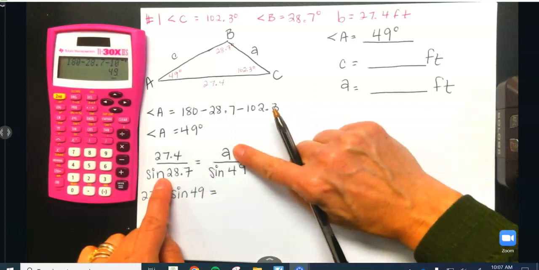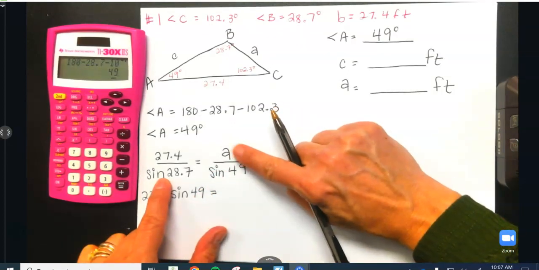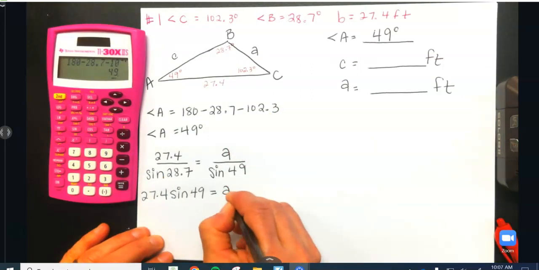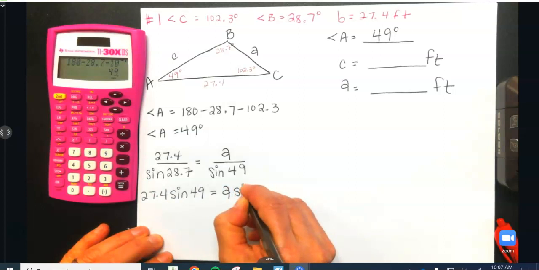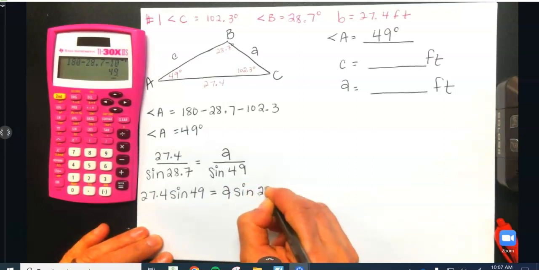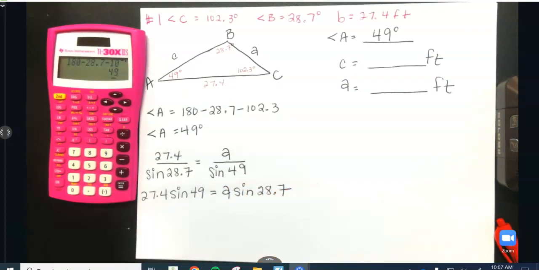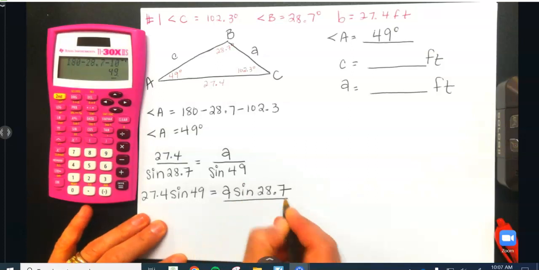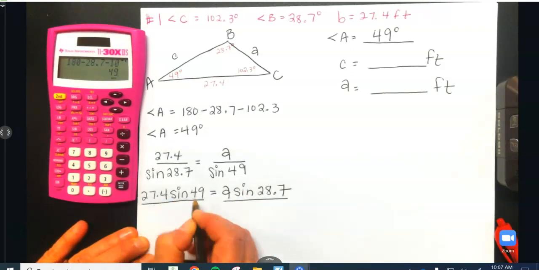And I'm going to multiply these two together on the other side. I'm going to put the letter a first, so it's going to be a times sine of 28.7. All right, now I'm going to divide. I need to solve for a, so I'm going to divide both sides by sine of 28.7.